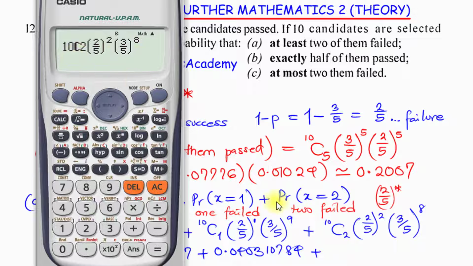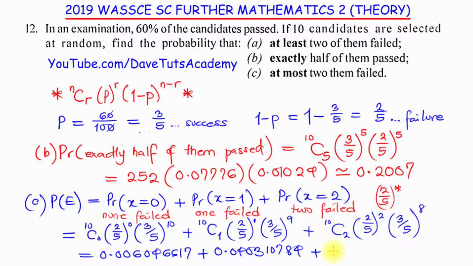So this is the whole expression for the third entry. I need to put the multiplication sign there, since it is expecting it. So I have 0.120932352. These are the entries that I need to add together.